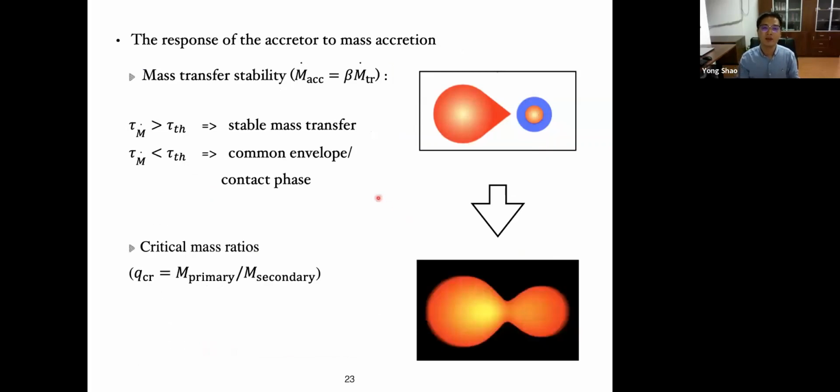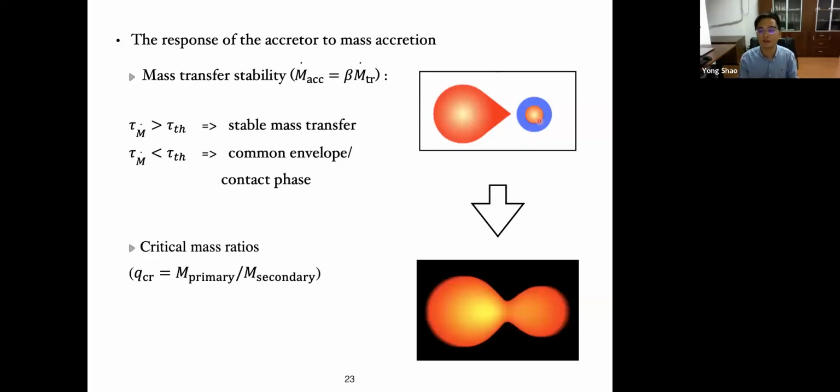And next, I will talk about the mass transfer stability. Like for the mass transfer in a binary, the accretor in a mass transferring binary may do some response due to mass accretion, since the accretor is a normal star, not a compact star.